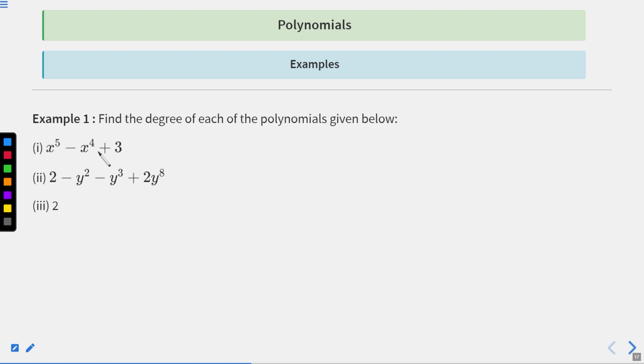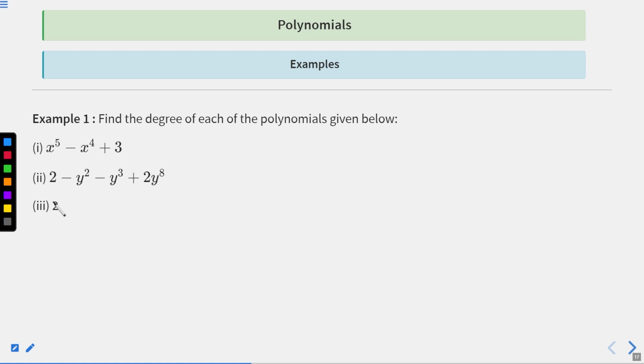The term which involves the highest power of the variable is x to the power 5. So the exponent of the highest power term is basically 5, and the highest power of the polynomial is called the degree of the polynomial. So the degree of this polynomial is 5.